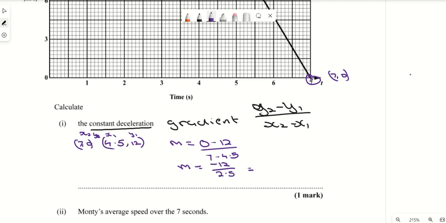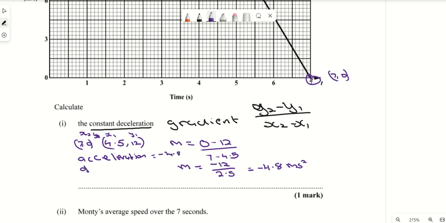which is equal to minus 4.8 meters per second squared. Now guys, my gradient is actually my acceleration, which is minus 4.8.